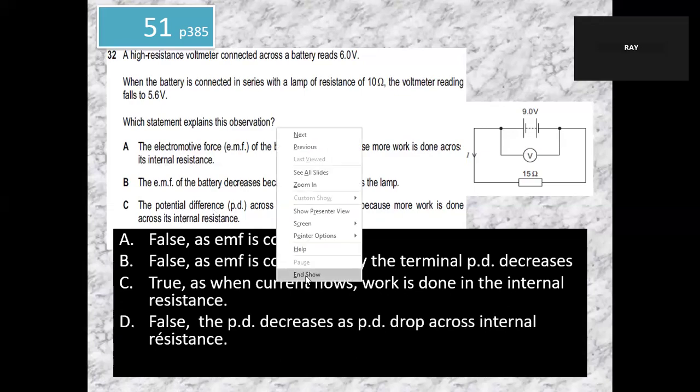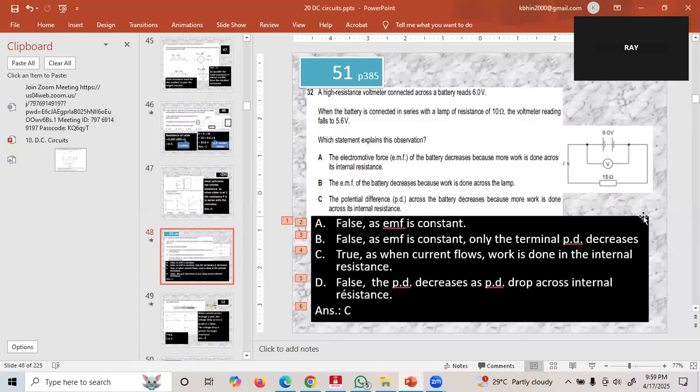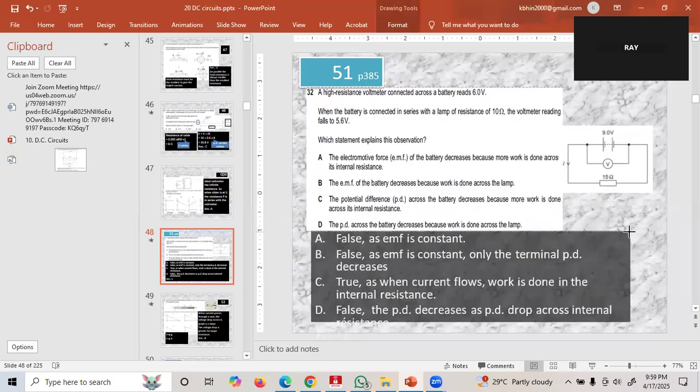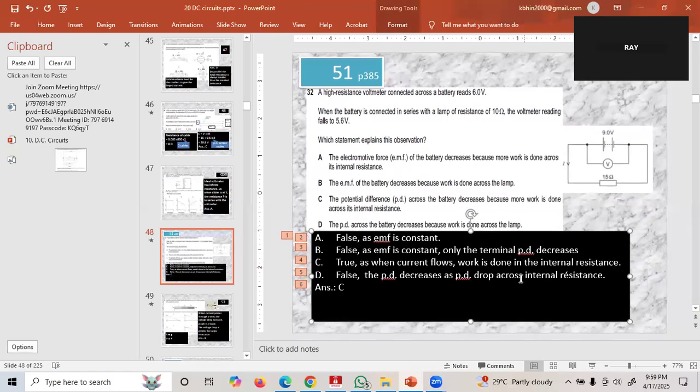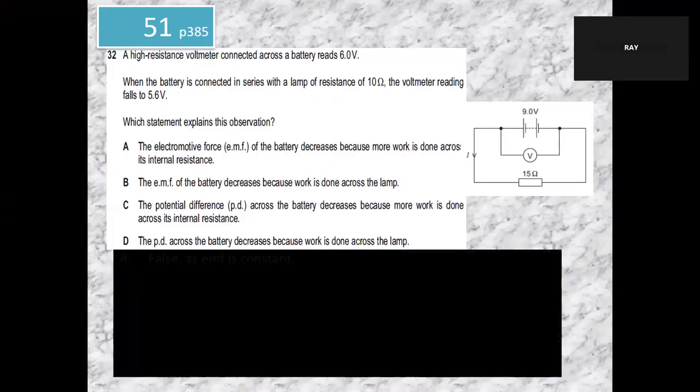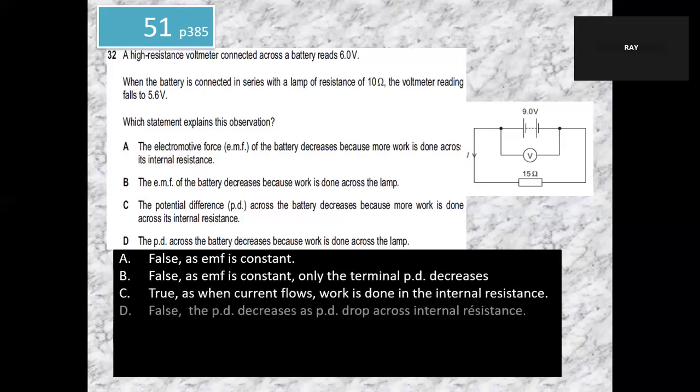PD across the battery decreases because work is done across the lamp? No, work is always done at the internal resistance.